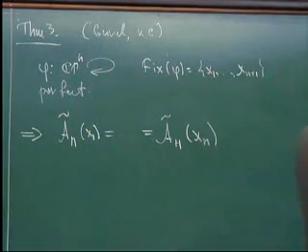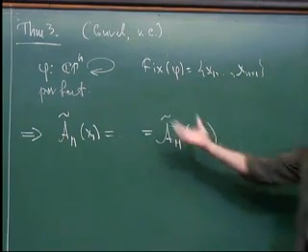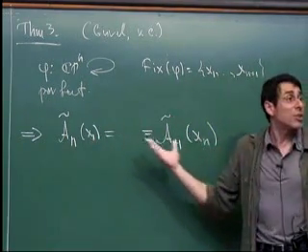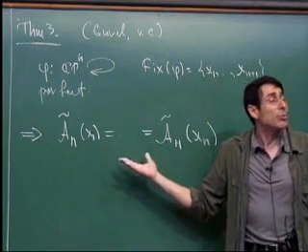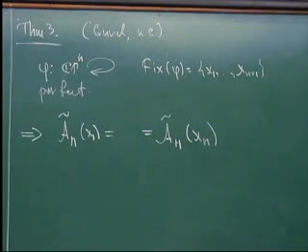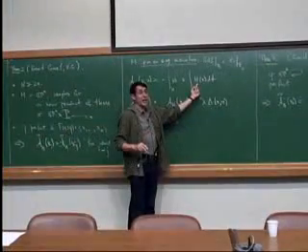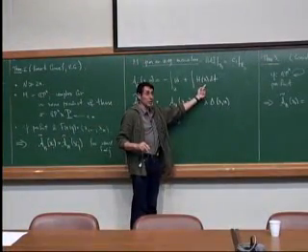Now, this leads to a very interesting question. In this situation, we got this number. What is this number? They all are equal to each other, but what are they equal to? When we look at the definition, which I have not erased yet, there is always an ambiguity. We can add a constant to the Hamiltonian.